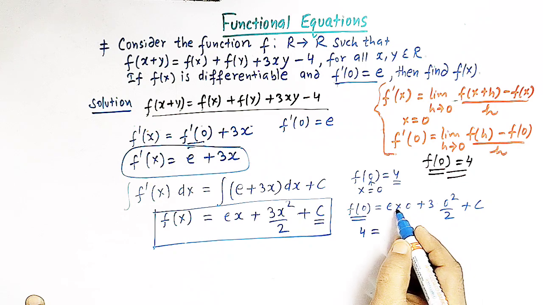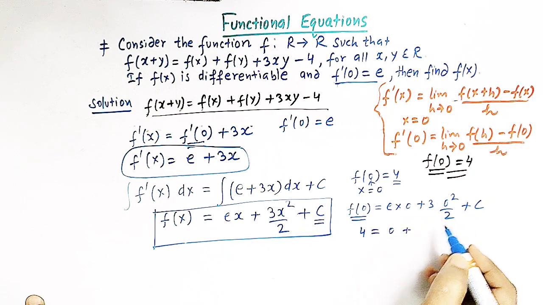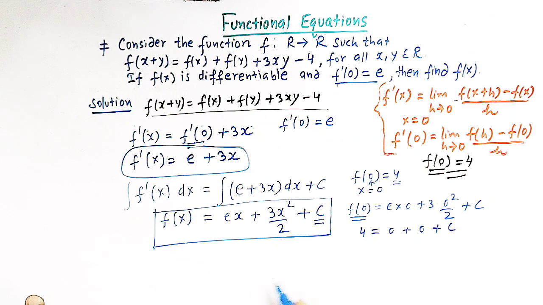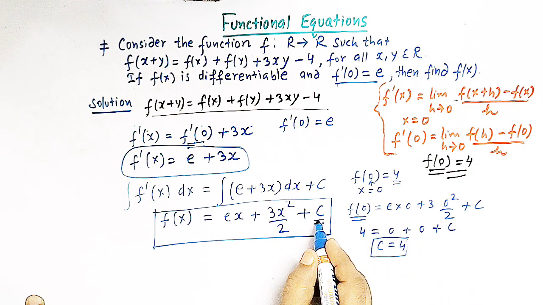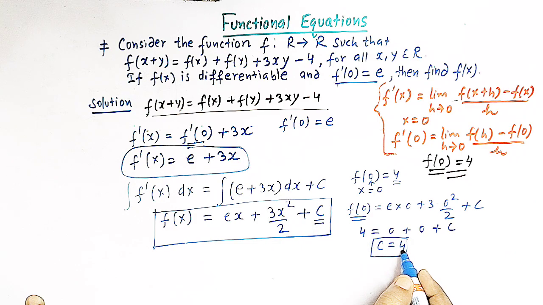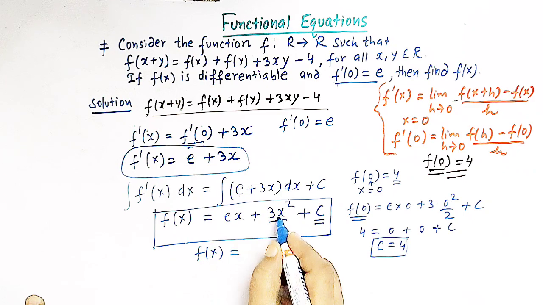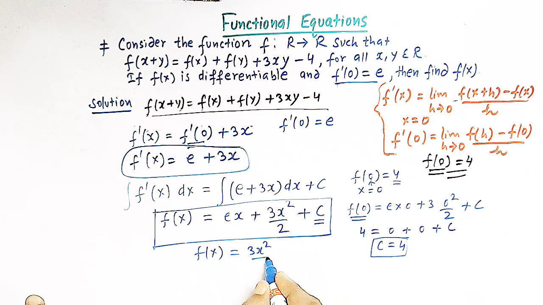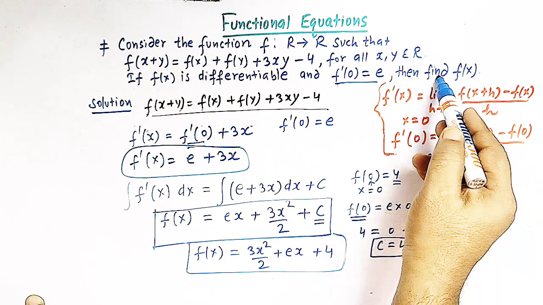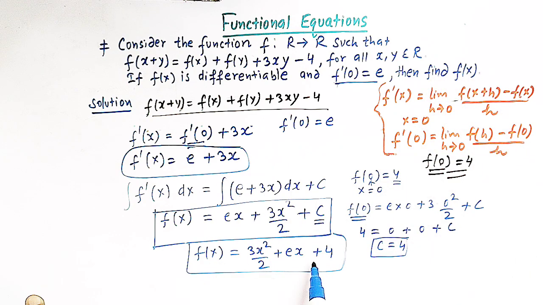So here we have 4, and this term is 0, and here we have c. So c is equal to 4, right? So the constant of integration c is equal to 4. Substituting over here, we have f of x is equal to 3x square over 2 plus ex plus 4, right? So this is the required function, that is f of x, and from here we can easily conclude that this is a quadratic function.